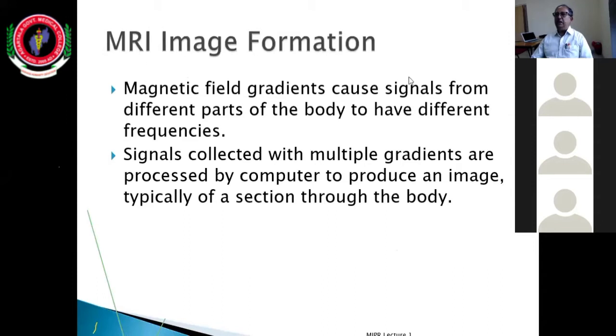So, how are the MRI images formed? The magnetic field gradients give the signal from the different parts of the body different frequencies. The signal collected with the gradient coils is processed by the computer to produce the image.